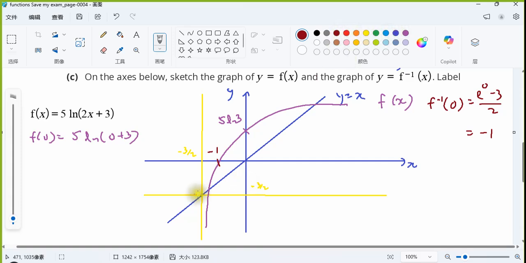So the graph for this will be something like this. So this is negative 1, and then this is 5 ln 3.